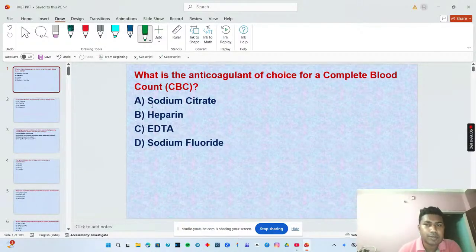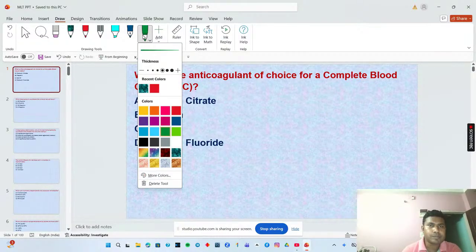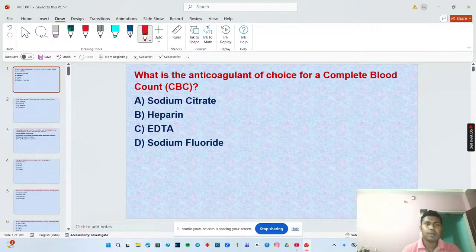So here the first question is given as: what is the anticoagulant of choice for complete blood count? So it is a question of hematology. For complete blood count, we need a sample which has not gone under hemolysis.